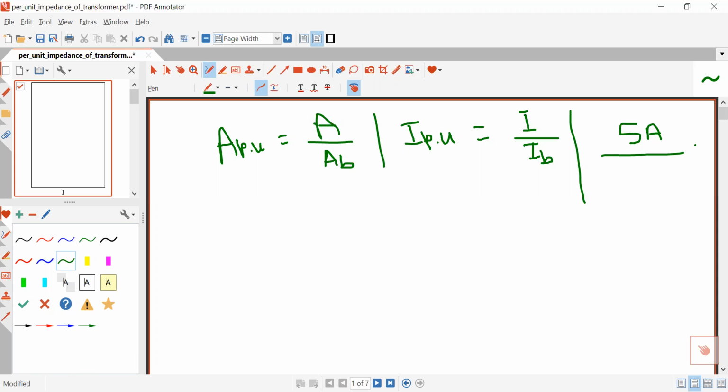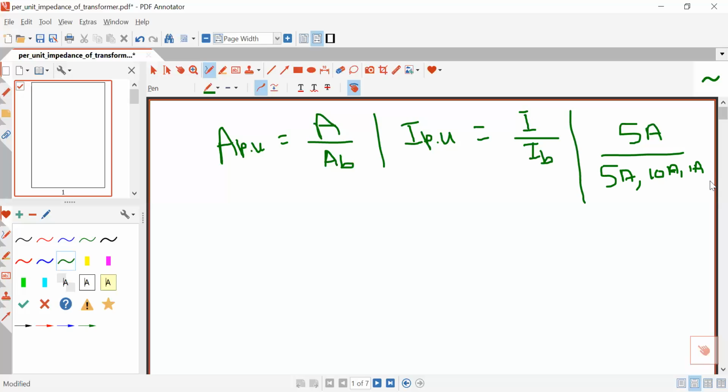If you want to convert this 5 ampere, which is flowing through the winding of the machine, into the per unit system, then the actual value will be 5 ampere and the base value can be 5 ampere, 10 ampere, or 1 ampere. It depends on you.